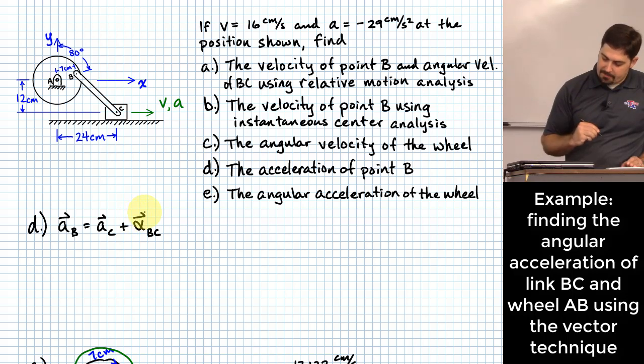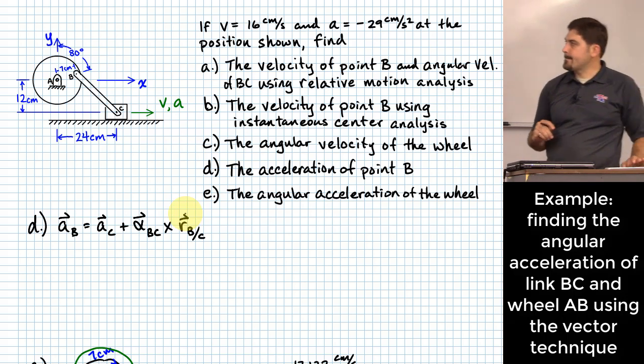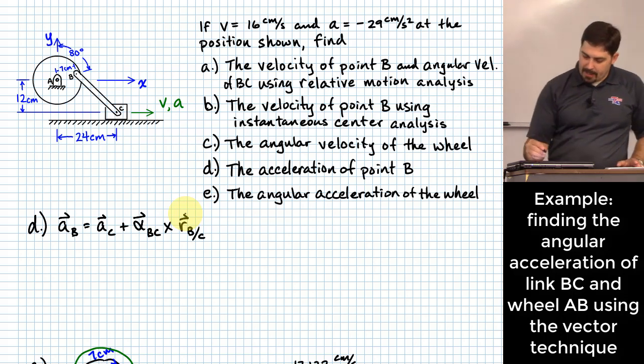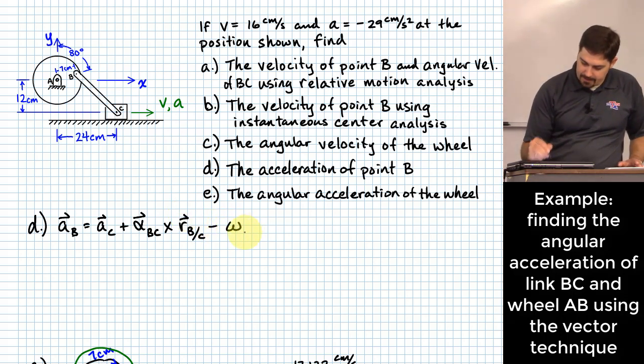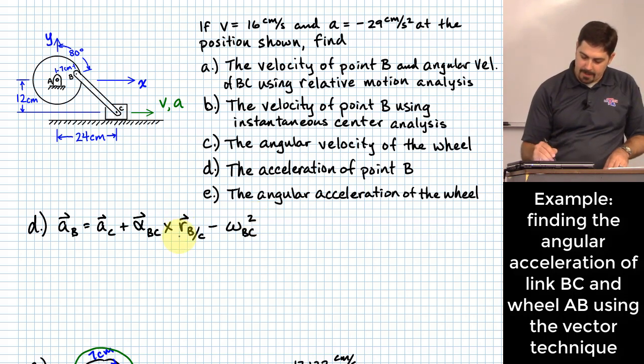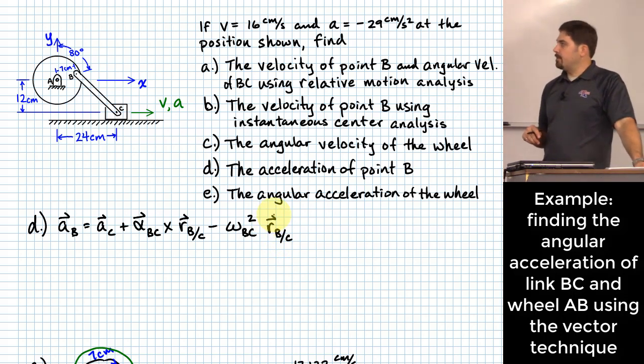I'm going to show that as a vector here. I'm going to have that crossed into my R vector of B relative to C. All right, but then I have to subtract off my omega of BC squared, not crossed into, but just multiplied by my R vector of B relative to C. So this is the expression that we need to work with.